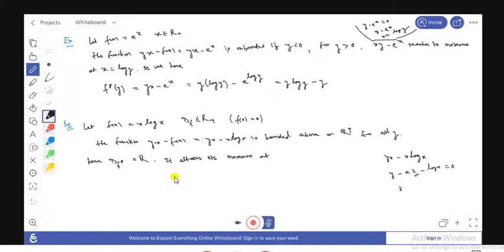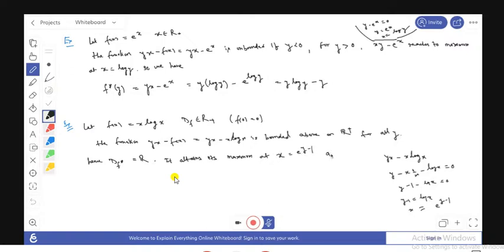So y minus 1 minus log x equals 0. So y minus 1 equals log x. What is x? x is e to the power y minus 1. So it attains its maximum at x equals e to the power y minus 1.